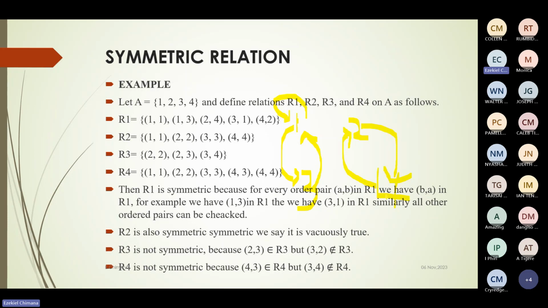From 2 to 4, you must also have a 4 to 2. And a self loop is as good as from 1 to 1 and from 1 to 1. So this one is a symmetric relation by looking at this digraph.